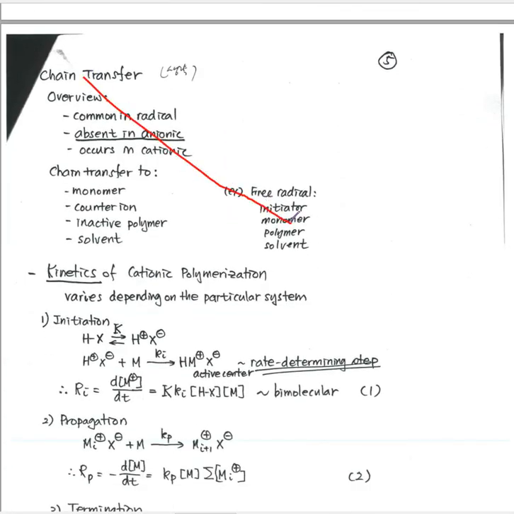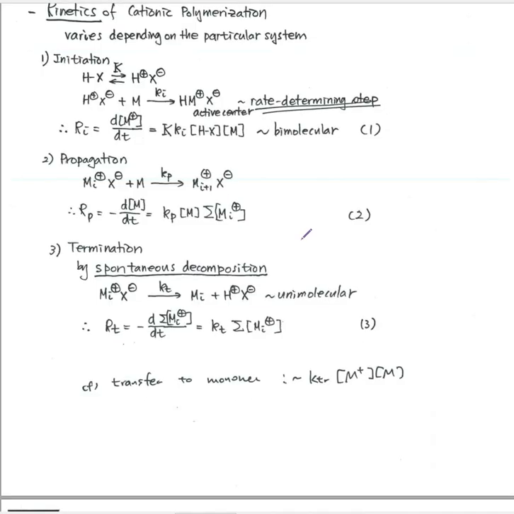I'm going to just skip this part. Let's see a little bit about the kinetics. Although we don't really have the exact mechanism, we can briefly understand the kinetics of cationic polymerization. For initiation, as you remember, the protonic acid basically forms H plus and anion, and this is a reversible reaction with equilibrium constant K. This initiator reacts with monomer, forming the active center.